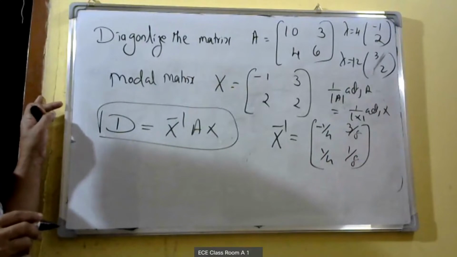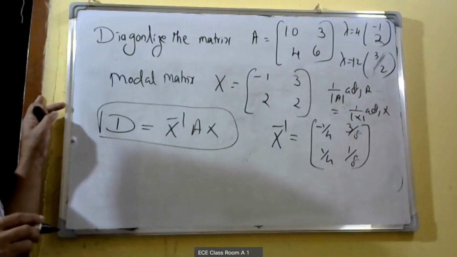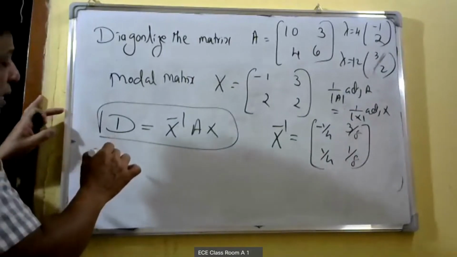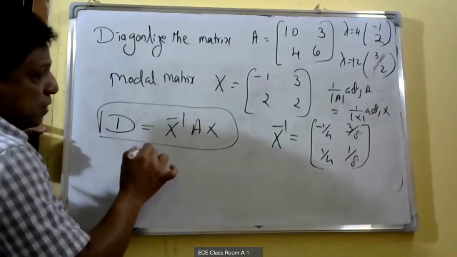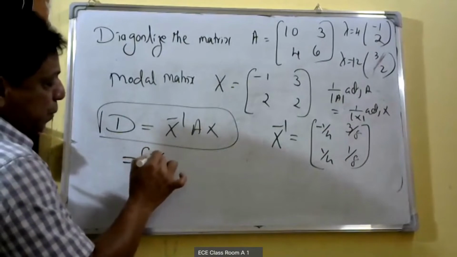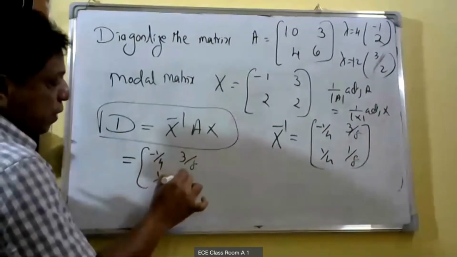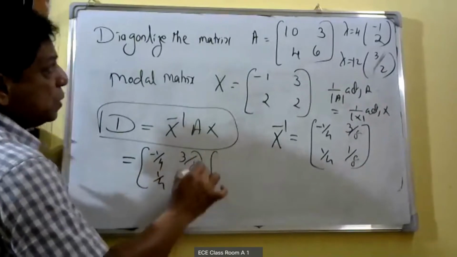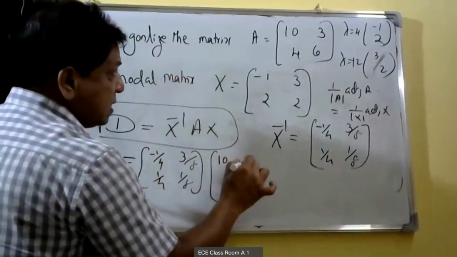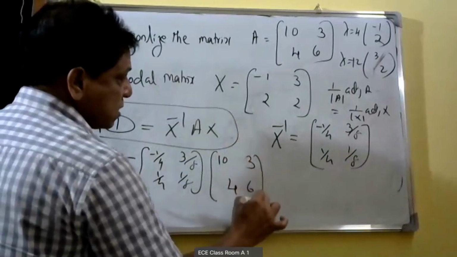Then X inverse into the given matrix A, which is [10, 3; 4, 6].